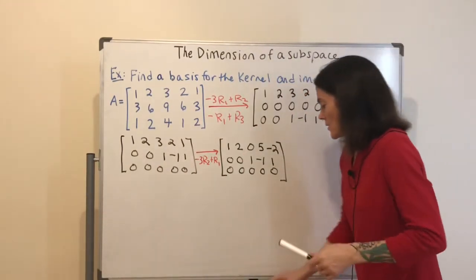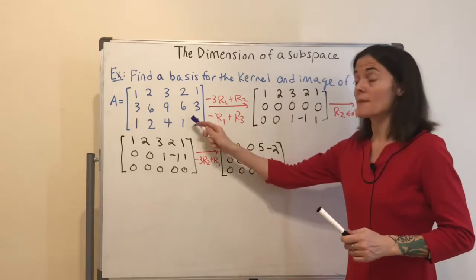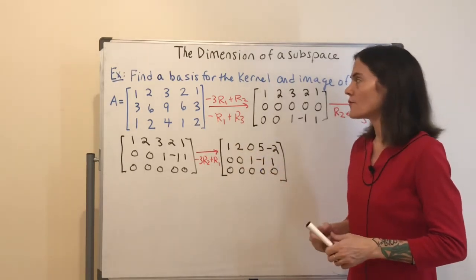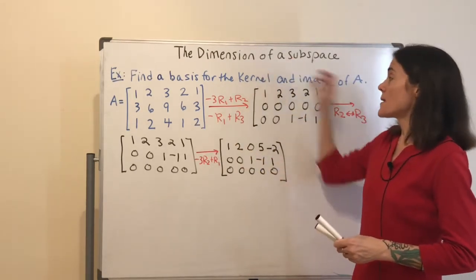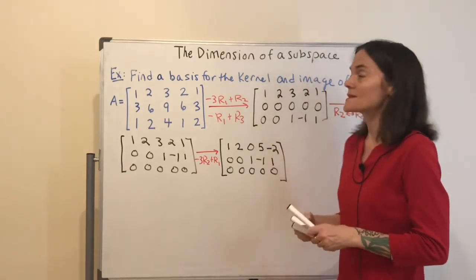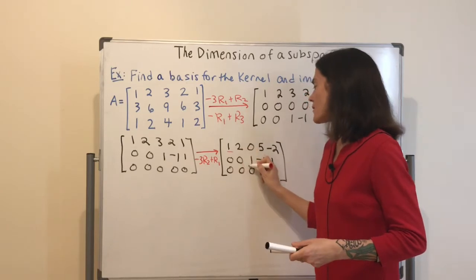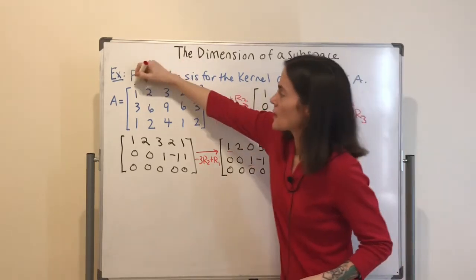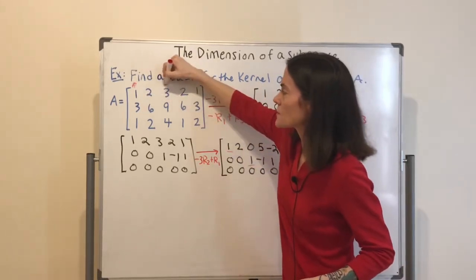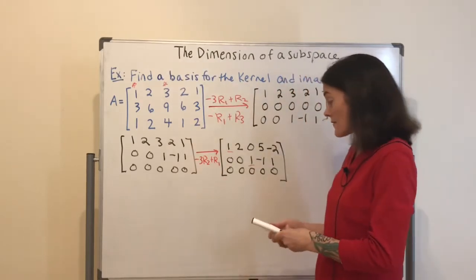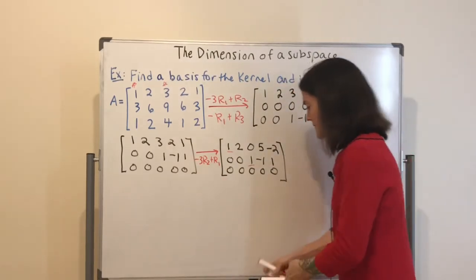And once we have transformed a matrix into reduced row echelon form, we can find a basis for the kernel and the image. I will start with the image. It's a little easier. We look in the columns here where we have leading ones, and we pull off the corresponding columns out of the original matrix.